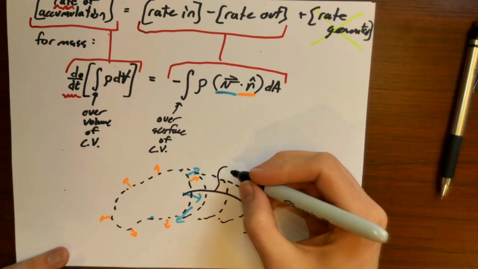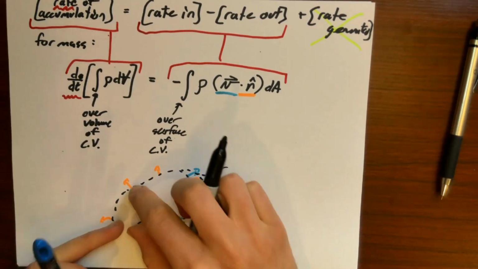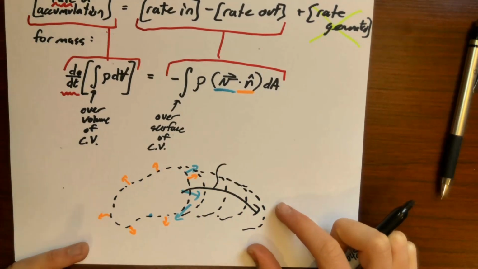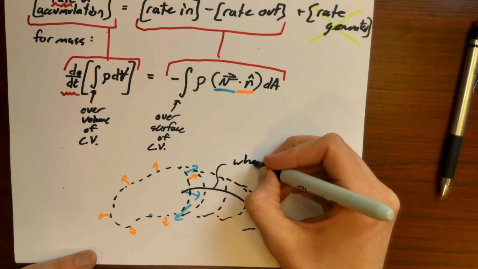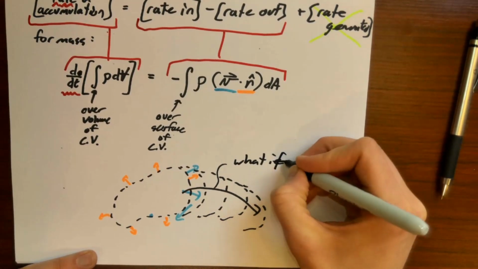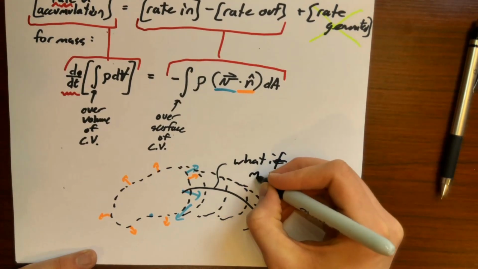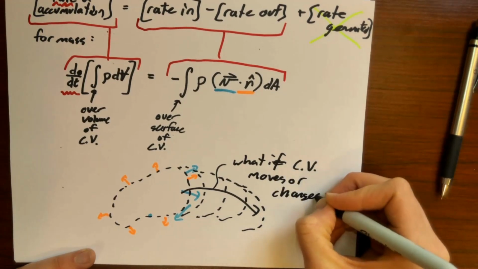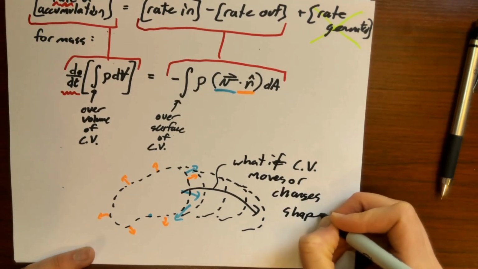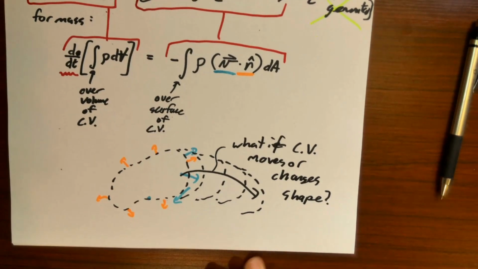This is not necessarily anything to do with the fluid flow, but just the way I'm defining my control volume is moving. So what if our control volume moves or changes shape?